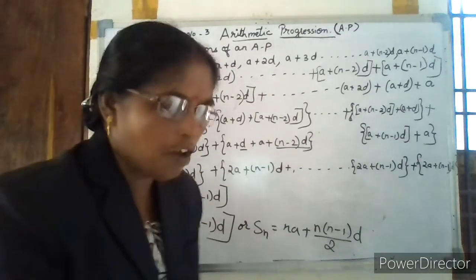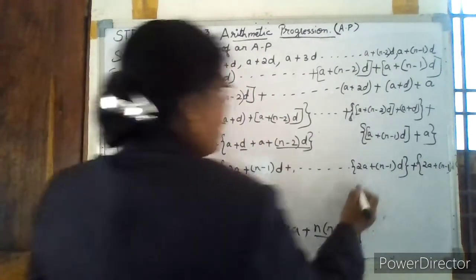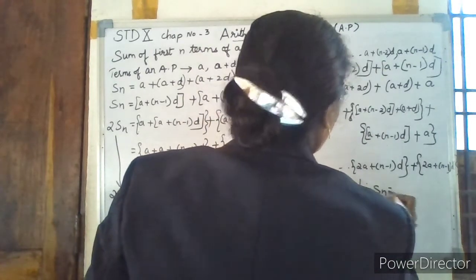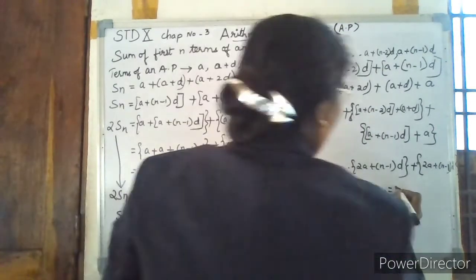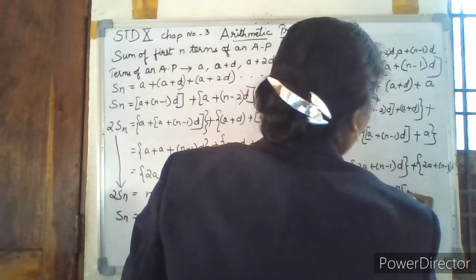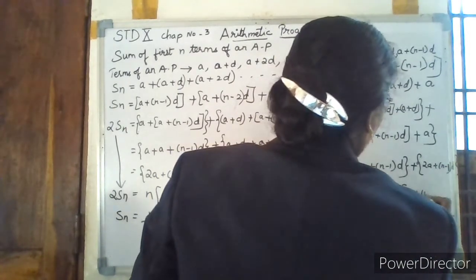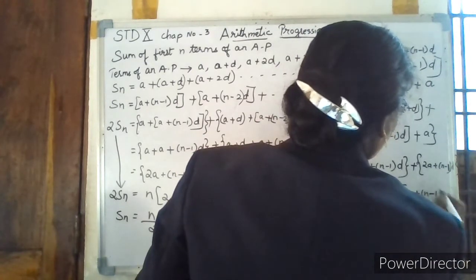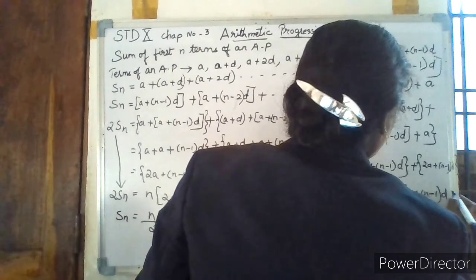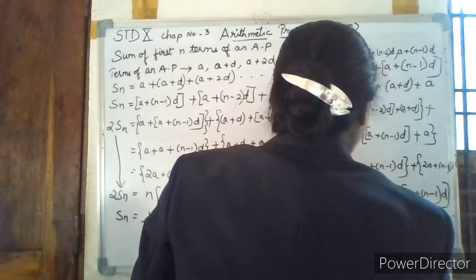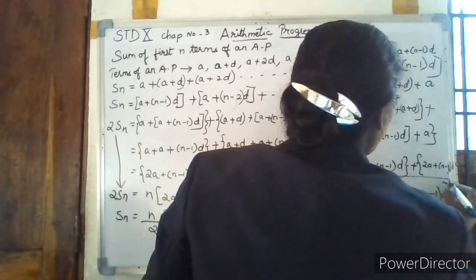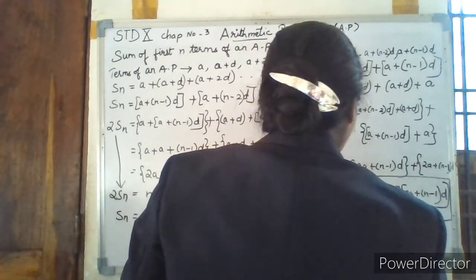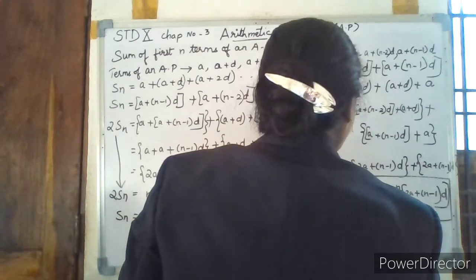That is, therefore, the sum of n terms is equal to n by 2 into 2a plus n minus 1 into d. So this is the formula which we use, the formula for the sum of n terms.